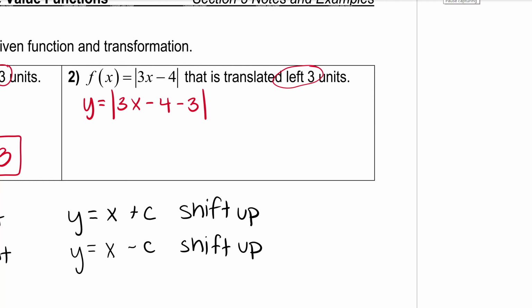Sorry, plus 3, because I want to go left. So, because it's absolute value, I want to just add a number inside the absolute value. Now from here, I just combine like terms right here. So my answer would be y equals absolute value 3x minus 1.